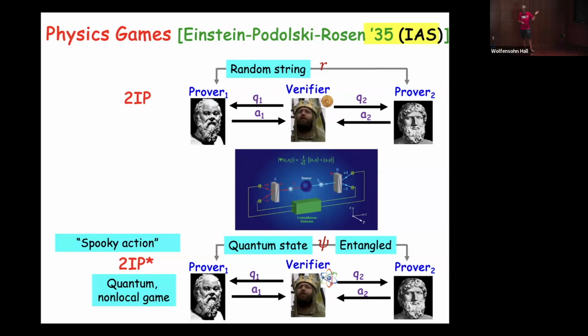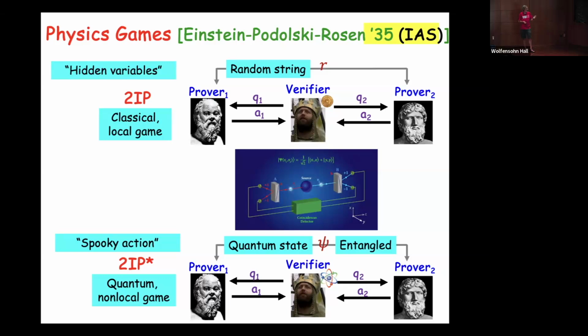Einstein talks about spooky action at a distance, how this entangled state seemingly allows getting information faster than the speed of light. And one suggestion was that it has a classical explanation, the above one. He talks about a classical local game where this random variable which is shared is what they called hidden variables.